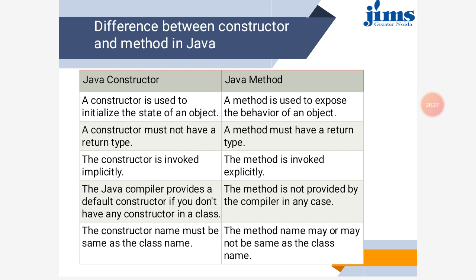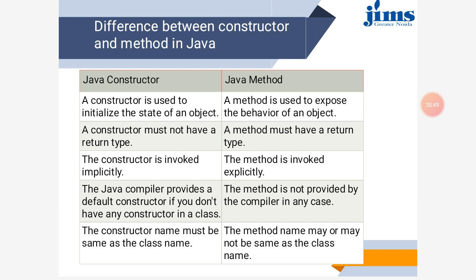Like, an object can perform anything. Like a plumber has the ability to fix problems of taps and pipes. Similarly, a student is studying any subject.